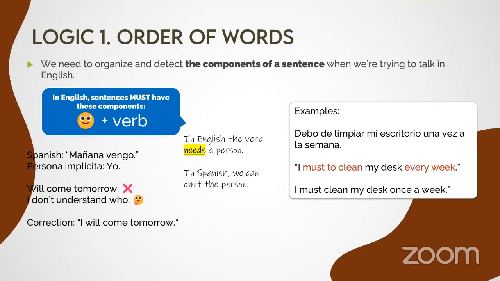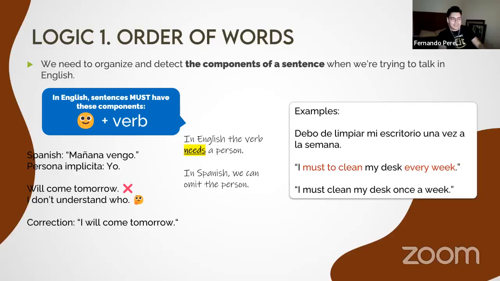The expression once is similar to every time, and a week is a frequency. The connector for frequency is once a month, once a week, once a day, once a year, etc. You see?